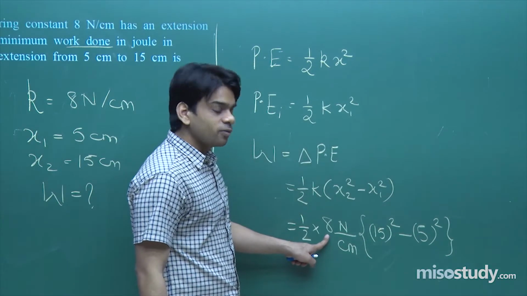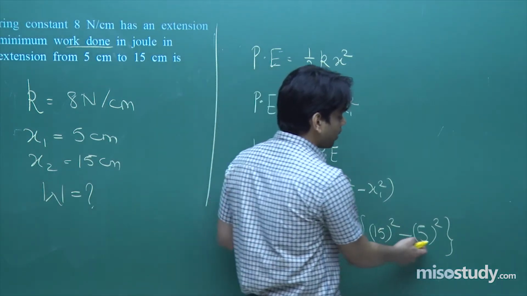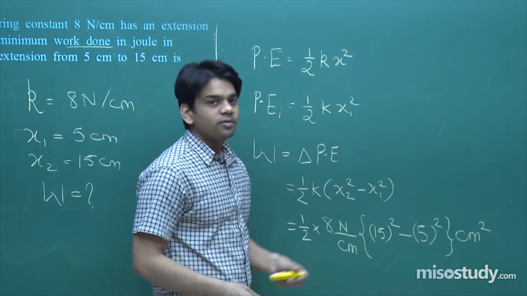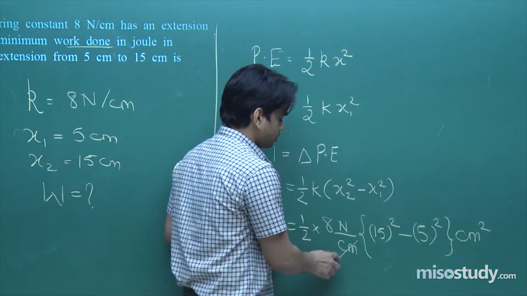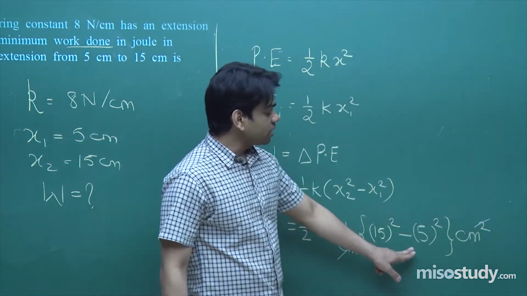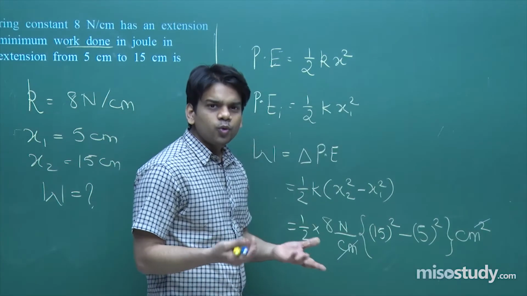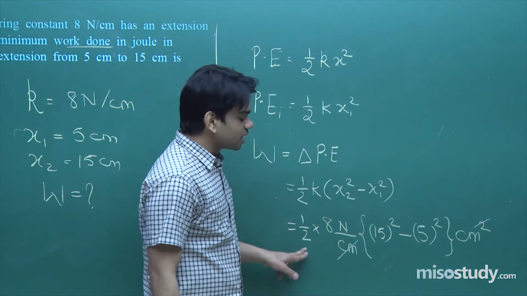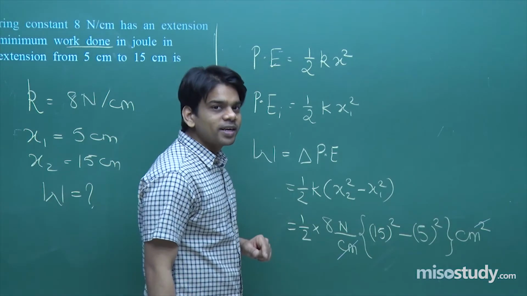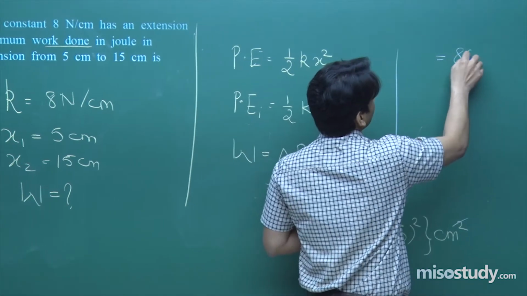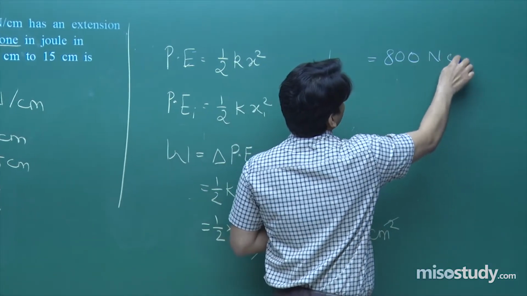2 and 8 will give you 4, and this is now 15 whole square minus 5 whole square. Use centimeter whole square. 1 centimeter and centimeter will move ahead. We can cut 1 centimeter, 1 centimeter. 15 whole square is 225 minus 5 whole square, that is 25. 225 minus 25 will give you 200, and here you have 8 by 2, that is 4. 4 into 200 will give you 800, is equal to 800 Newton centimeter.